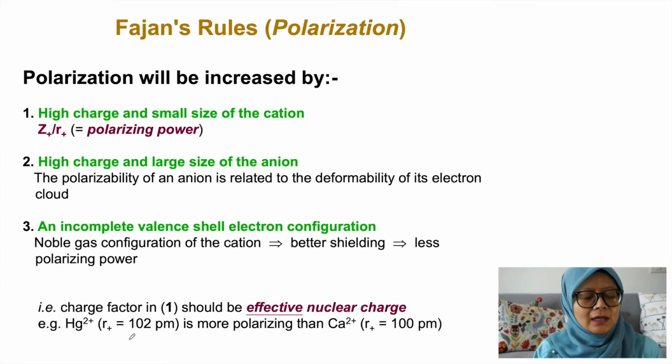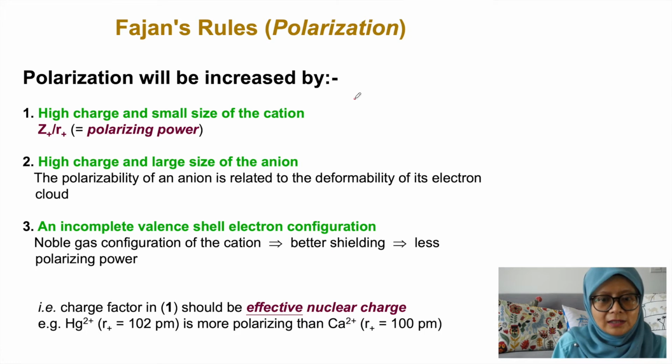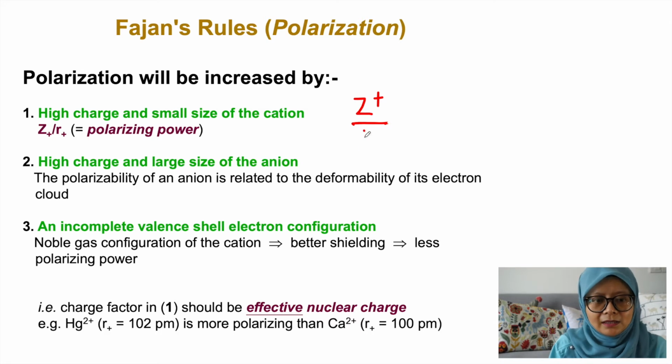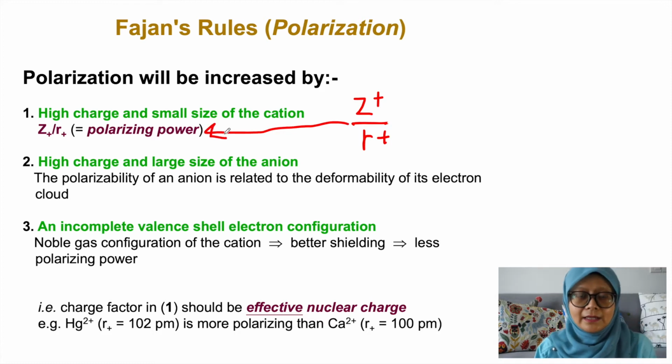For the polarization to increase, it depends on three factors. First one is the high charge and small size of the cation. So the charge is Z, plus, over the size, the radius, and this gives us what we call polarizing power.